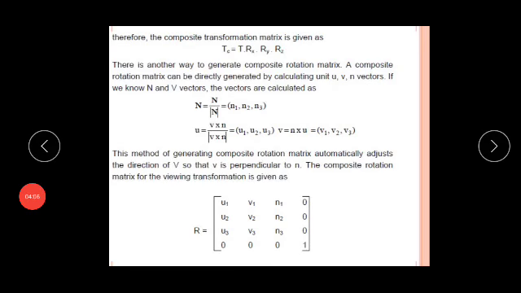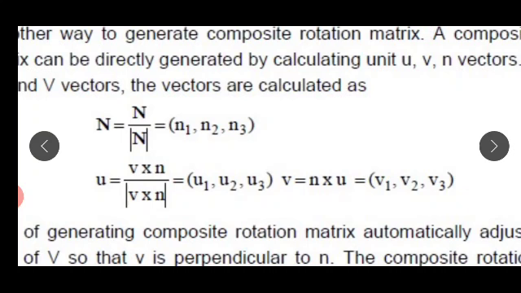Now the same transformation matrix can be obtained with the help of vector calculation. For example, this is a vector calculation formula: n is equal to n divided by the magnitude of n, where n consists of three components: n1, n2, n3.